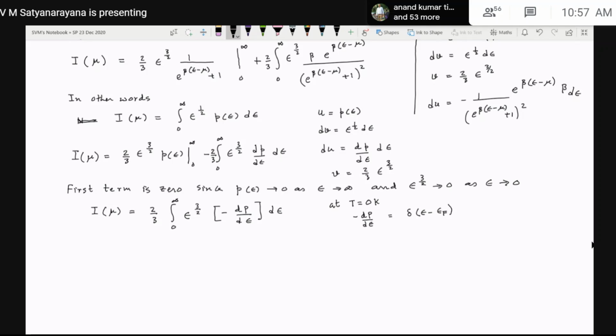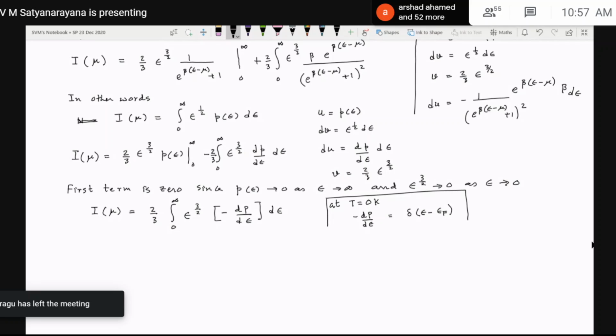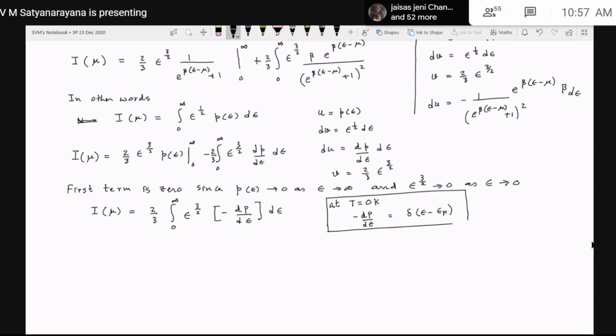So this is a correct observation, but not at non-zero temperatures. At non-zero temperatures, there will be some finite width for this. So we have this expression here, and this expression is what is given by minus dP over d epsilon.